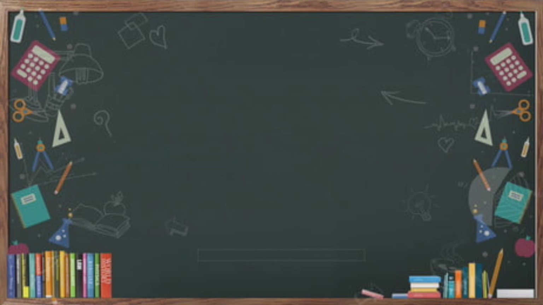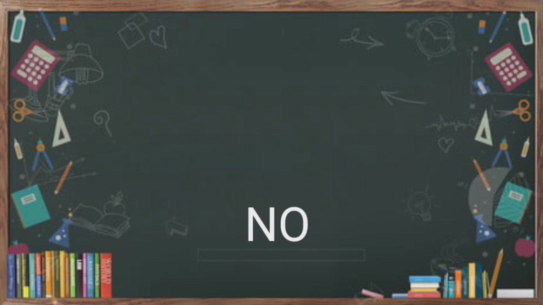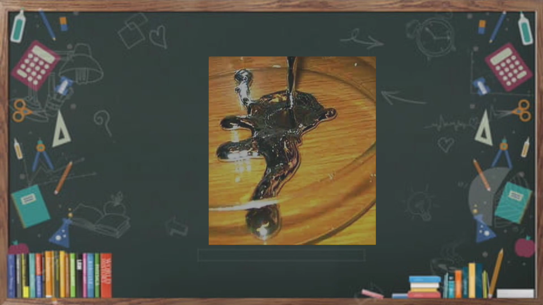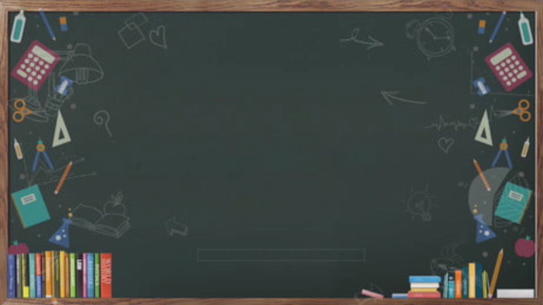Next question is whether all metals are in solid state. The answer is no. Metals are generally solids, but mercury is a metal which is liquid at room temperature. Even if metals are hard, not all metals are equally hard. Hardness varies from metal to metal.